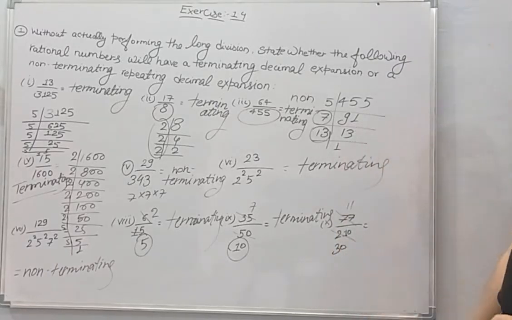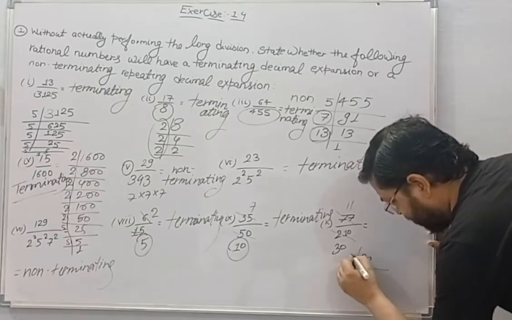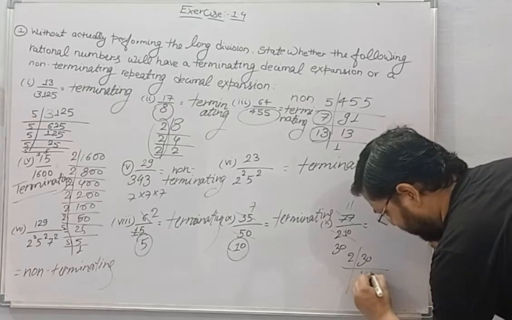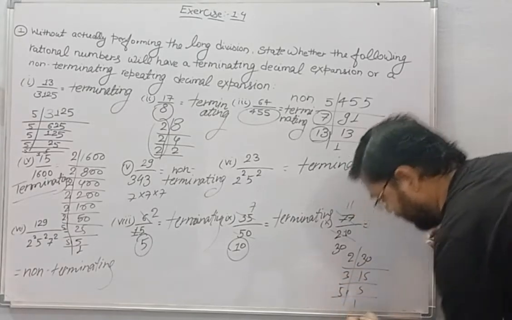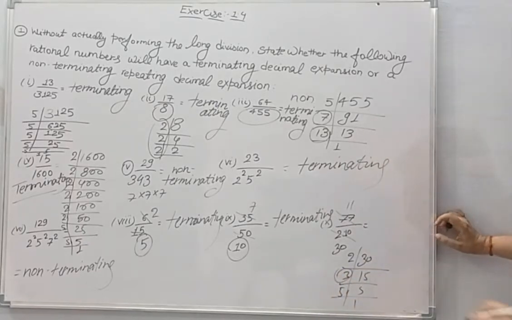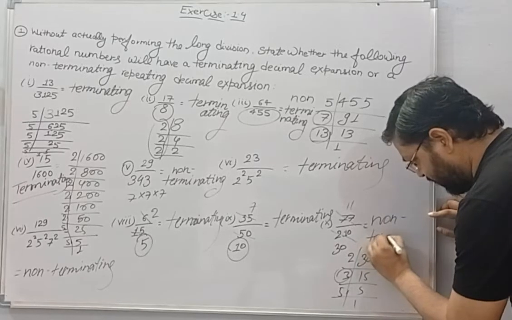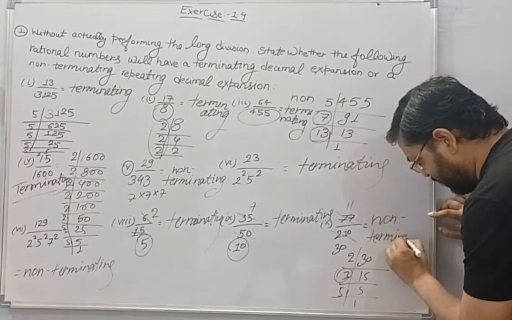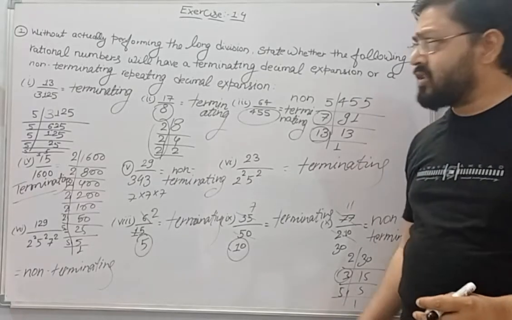You know the factor of 30: 2, 15, 3, 5 and 5. This contains 3, other than 2 and 5, non-terminating. I hope you understand this question very clearly.